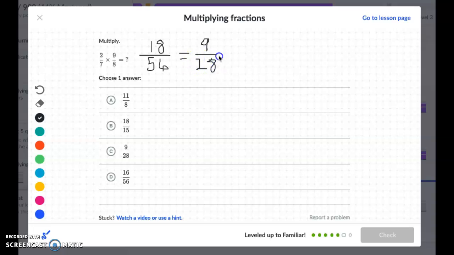So I'm going to keep dividing. And if I divide 9 divided by 9... 28ths is on there. Perfect. So 9/28 is right there, letter C.